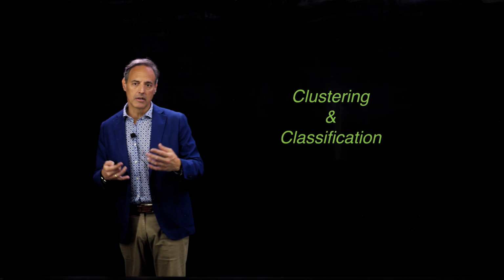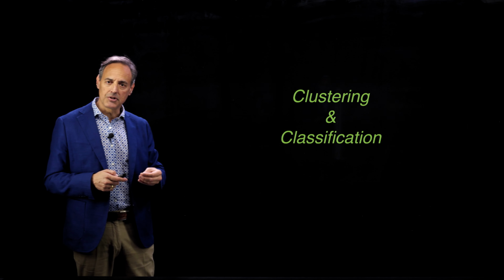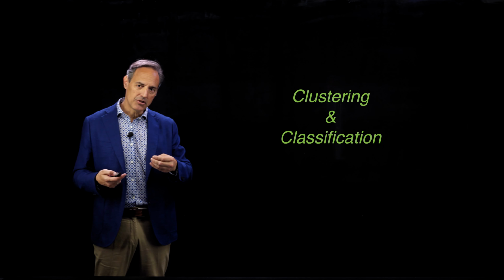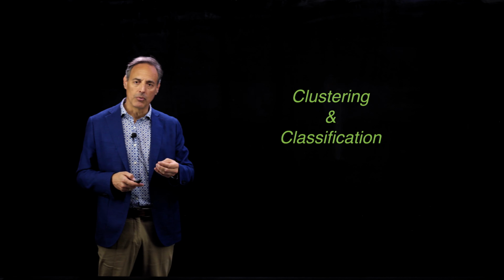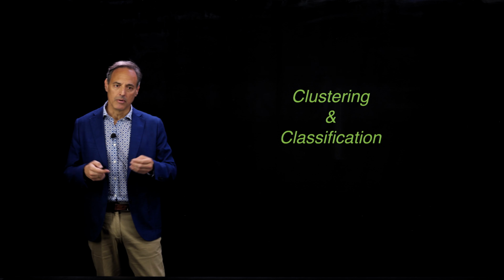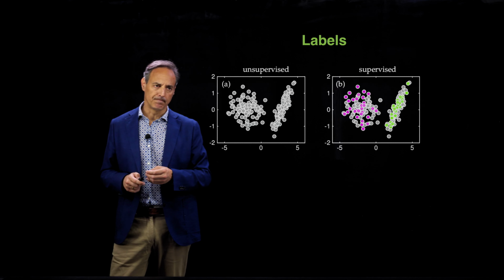Is this a dog or a cat or a horse? So clustering and classification tends to be one of the very traditional things that you would be doing with machine learning techniques in general. Okay, so we're going to look at what we might do with this.